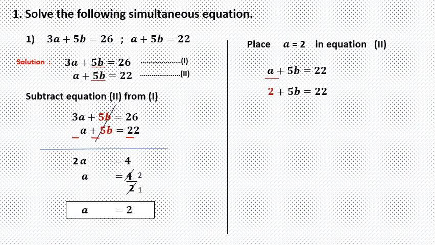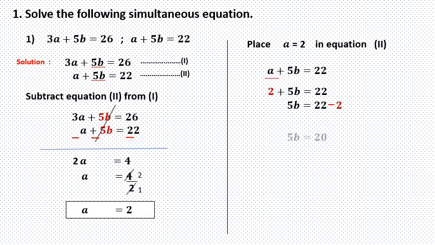So only b will remain on the left side, and the remaining numbers, that is 2 and 5, will go to the right side one by one. So 2, which is in plus with 5b, when it goes to the right side, 5b equal to 22 minus 2.